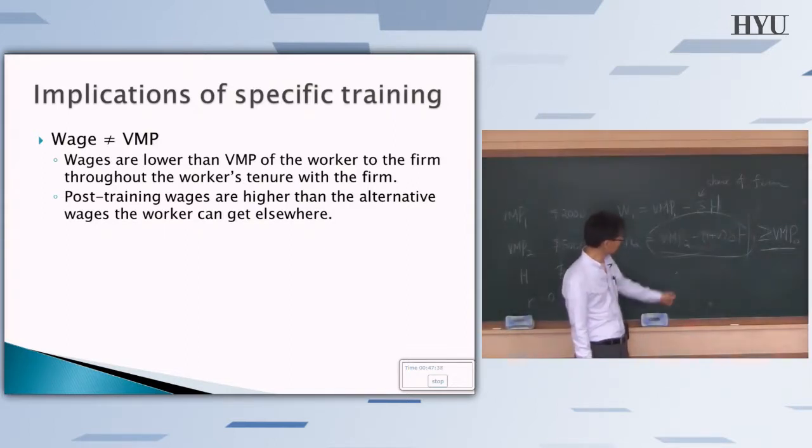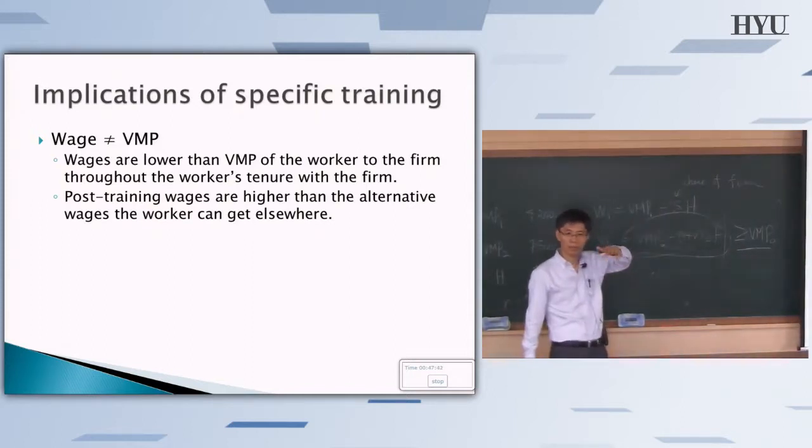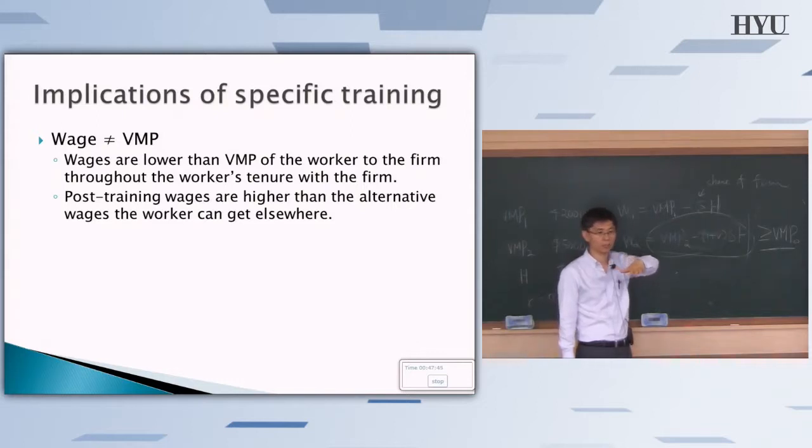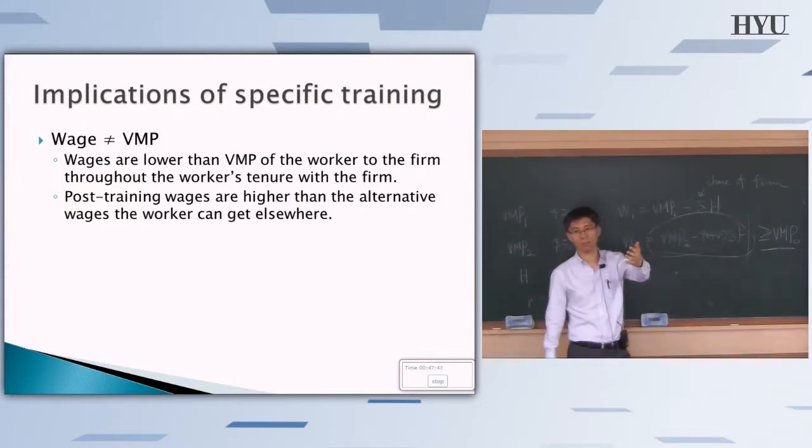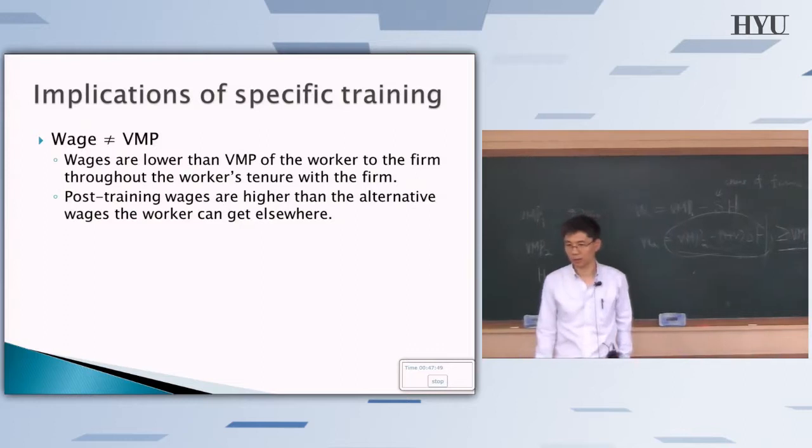Because specific training is only useful to this company. So even with a slightly lower pay than their actual BMP, it is better than what they can get paid by any other employer.